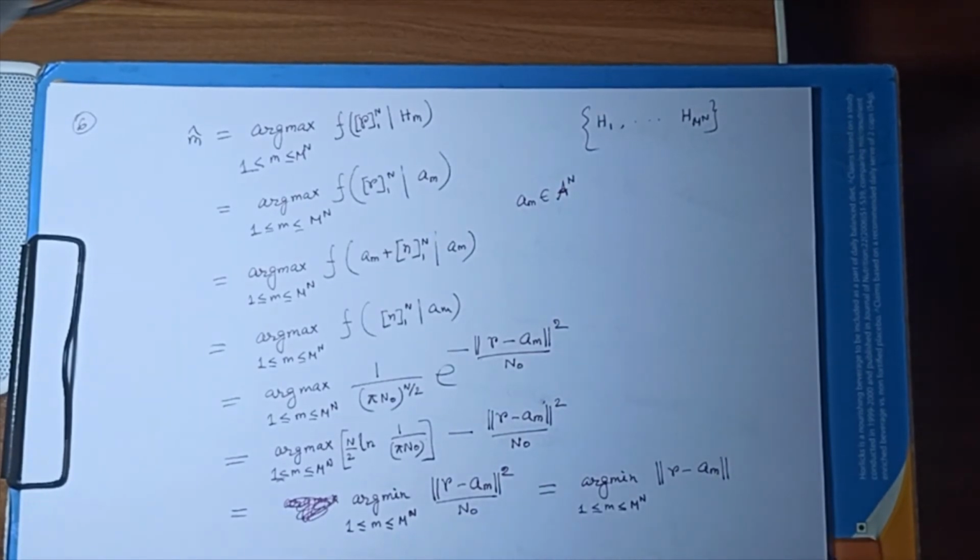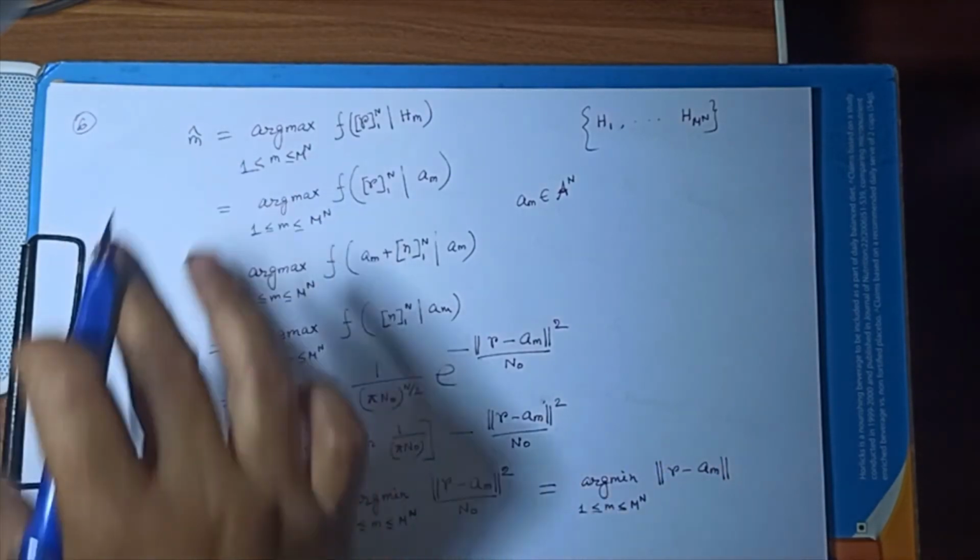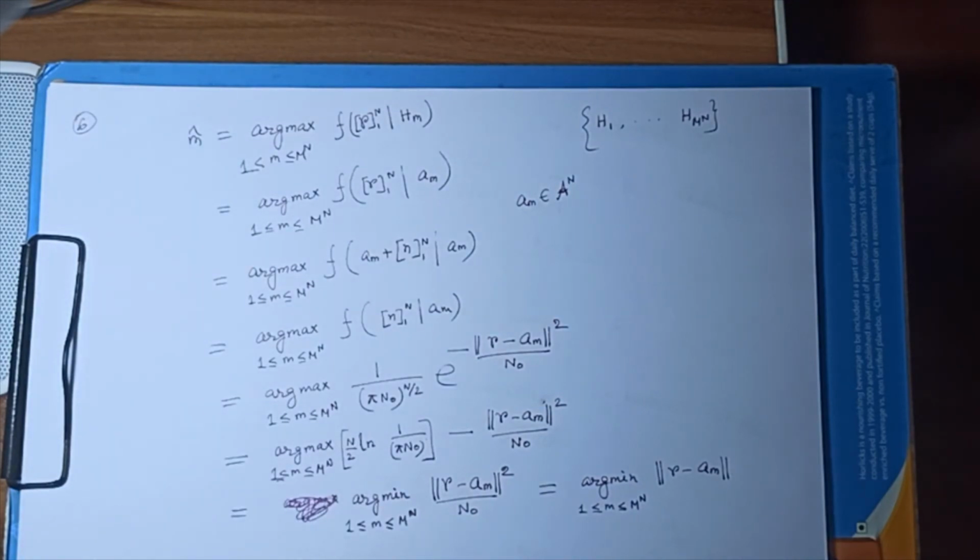I can get rid of that square also, because square is a monotonically increasing function, so it does not change anything. So essentially the entire problem of maximum likelihood detection is nothing but minimizing the Euclidean distance, the Hilbert space distance, between the received signal and the symbols.